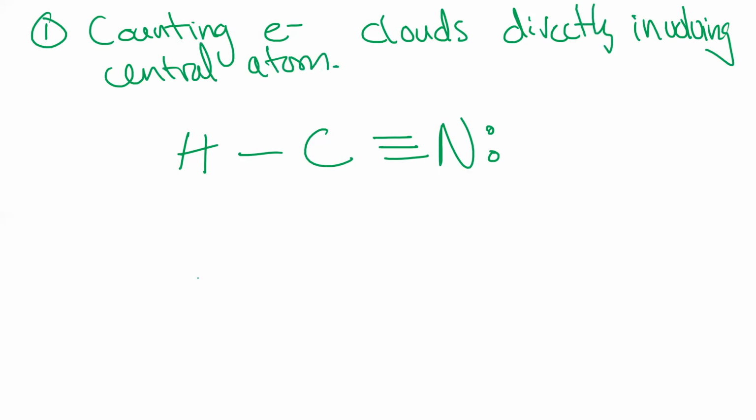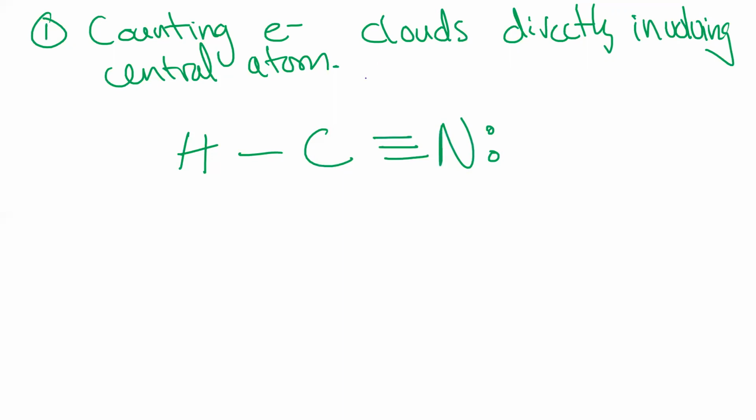Does that make sense? Yeah. So it wouldn't be 5 because the nitrogen lone pair is not attached to the carbon atom.